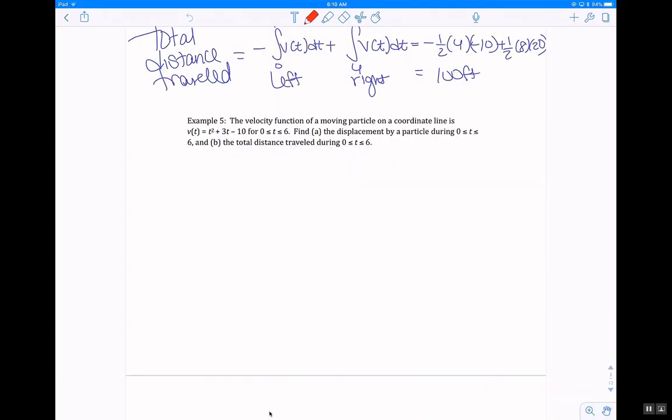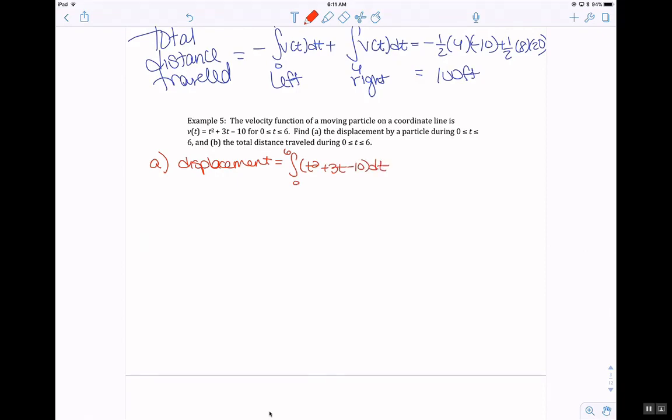Okay, so let's go ahead and take a look at this next example. So this next example, we're going to find displacement and total distance traveled given the velocity equation. So to find the displacement is just equal to the antiderivative from 0 to 6 of your velocity equation, which is t squared plus 3t minus 10 dt.